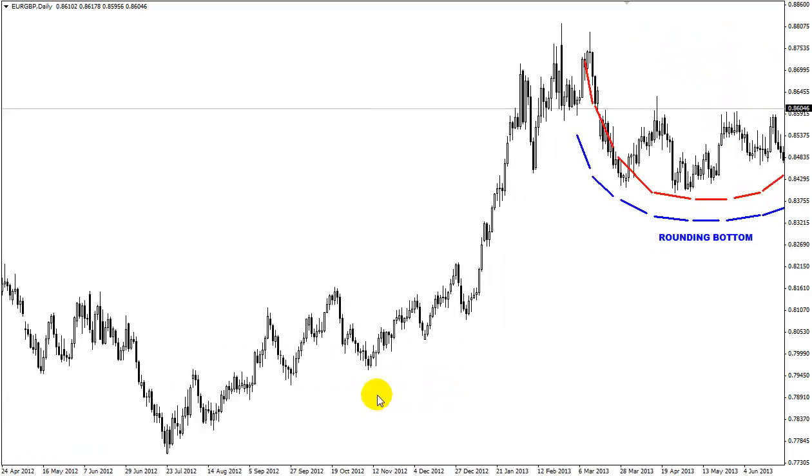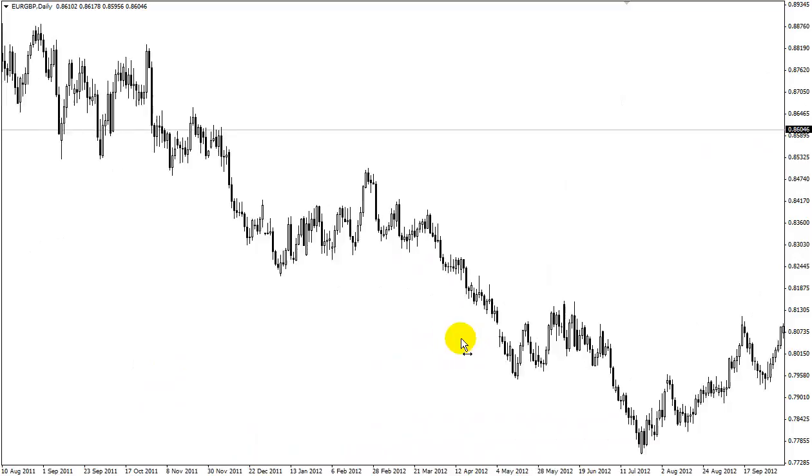If we take a look in the past, we will see that Euro Pound makes many structures like this. Okay, here we can see one, the cup, the handle, and later breakout, right? Here we can see another one, the cup, the handle, and later breakout, right?